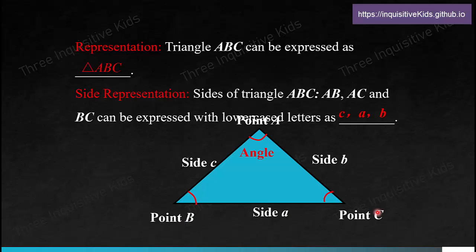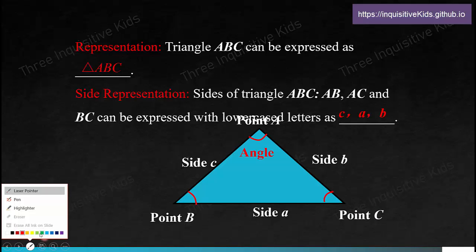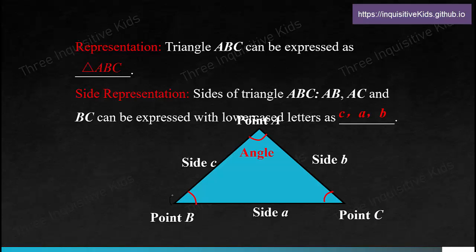But the reason it can also be expressed by lowercase letters, there's a catch to that. Do you see how, in a triangle, each angle has an opposite side? Same for this one up here. It has an opposite side facing it.